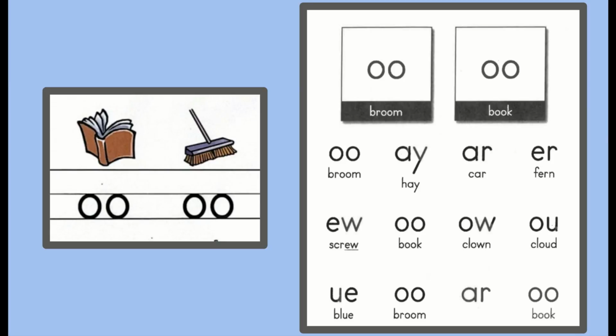Now point to each letter pair and say the sound. Ready? Oo, broom. Book. Oo, broom. A, hay. R, car. Fern. Screw.